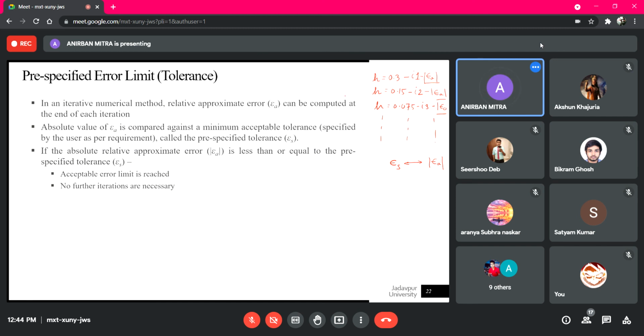To take this forward, suppose at h equal to 0.0375 you obtain an epsilon A which is less than this pre-specified error limit. At that stage, you will stop the iterations. You will not reduce h any further.